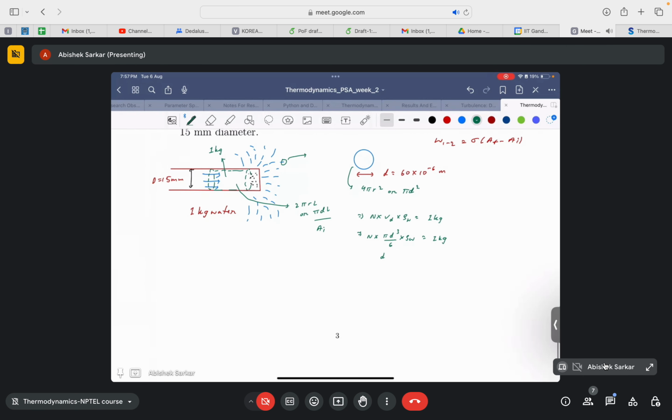Now d would be equal to 60 into 10 to the minus 6 meters, then n you can find by 6 divided by pi d cube into rho w. Evaluate this expression and give me the number of droplets that you get.